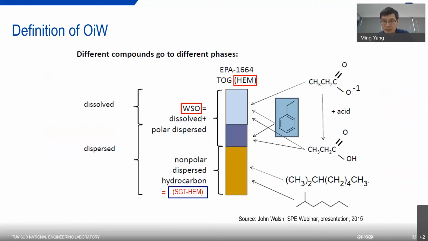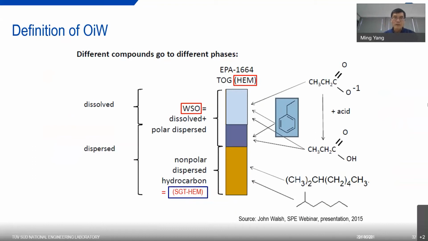As I explained earlier, if you have a lower pH, there'll be more organic acids present in the molecular form, and that means that they're likely to be in the dispersed oil. So in other words, at lower pH you're going to see a bigger portion of the darker blue there, and at high pH, you're going to see a small portion of the darker blue.